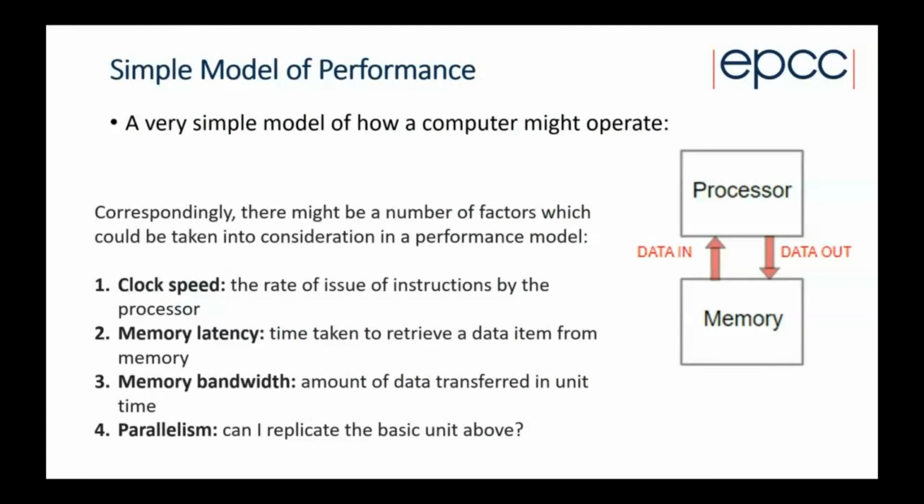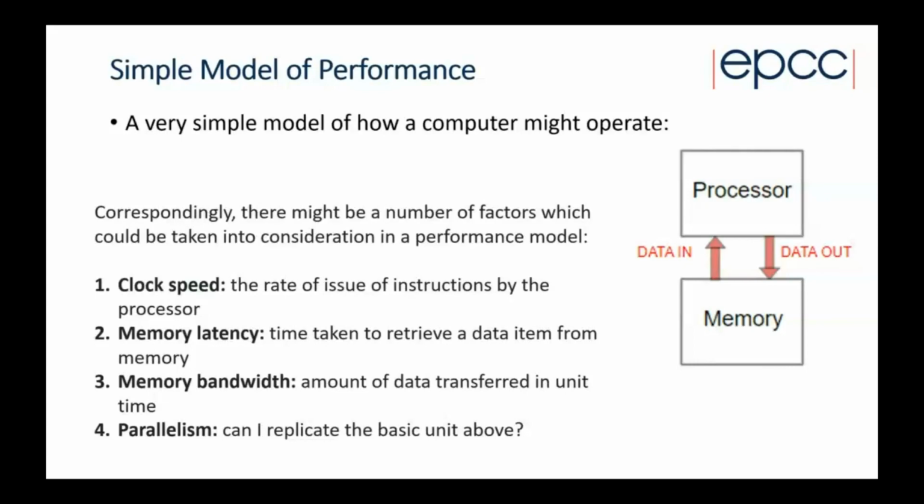I have some processor that performs operations on some data. That data is stored in memory, and I move the data in, process it and produce a result, and then I copy that data back out to keep hold of it for later processing. Okay, I have data movement and I have operations I do on the data.